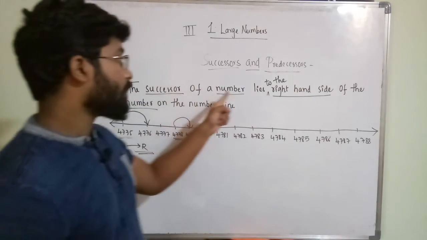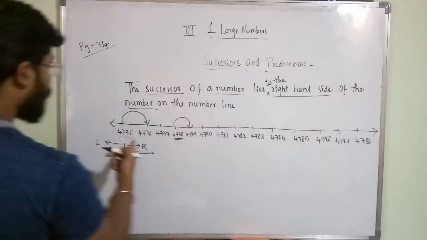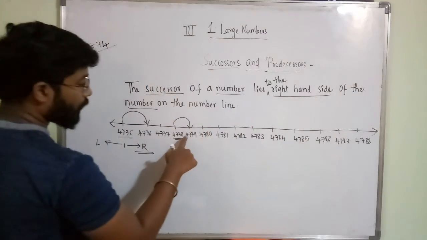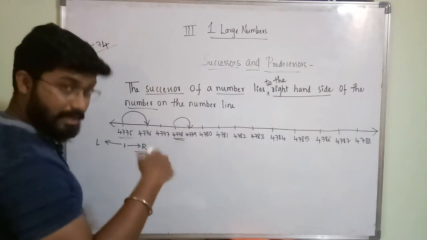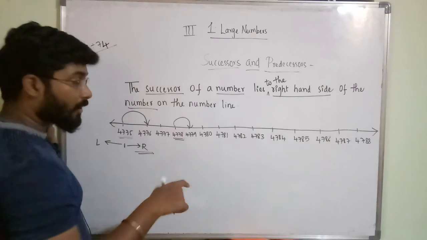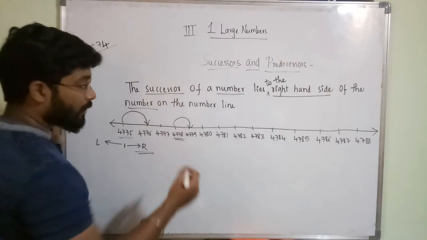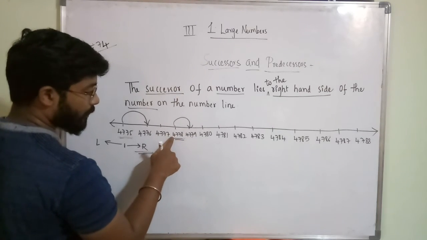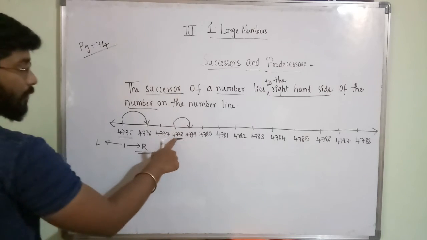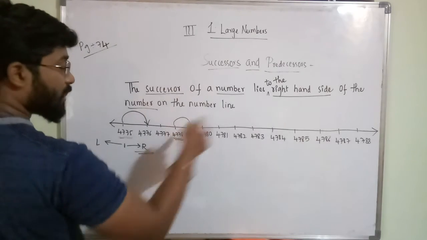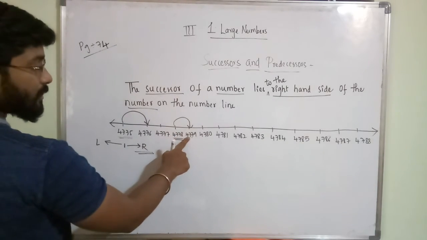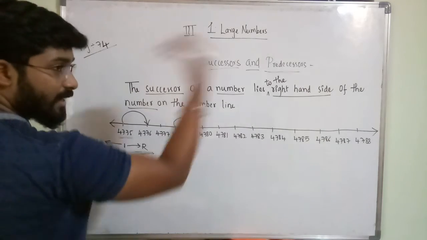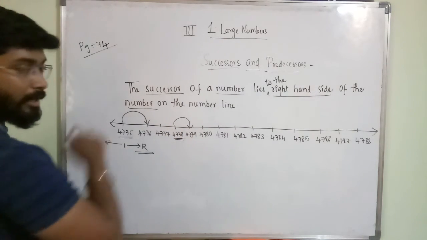So that's what he is telling. The successor of a number lies to the right hand side of the number. So if I want 4778's successor, what will I get? I will get 4779. This number is the successor of this number. Okay. So this number is right hand side to this number, no? Means 4779 is right hand side to 4778, no?